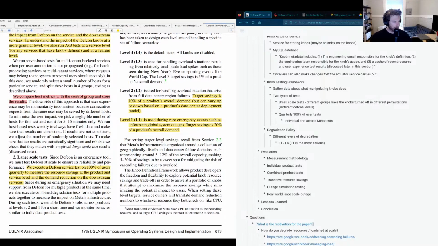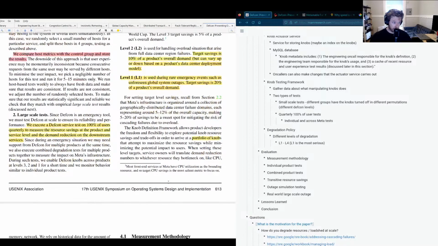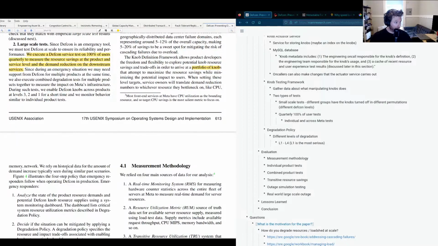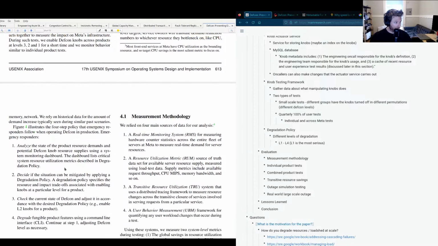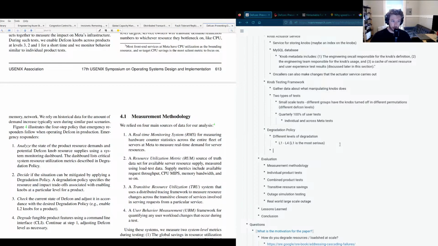For setting target level savings, portfolio knobs. And then they talk about how emergency responders can use this.